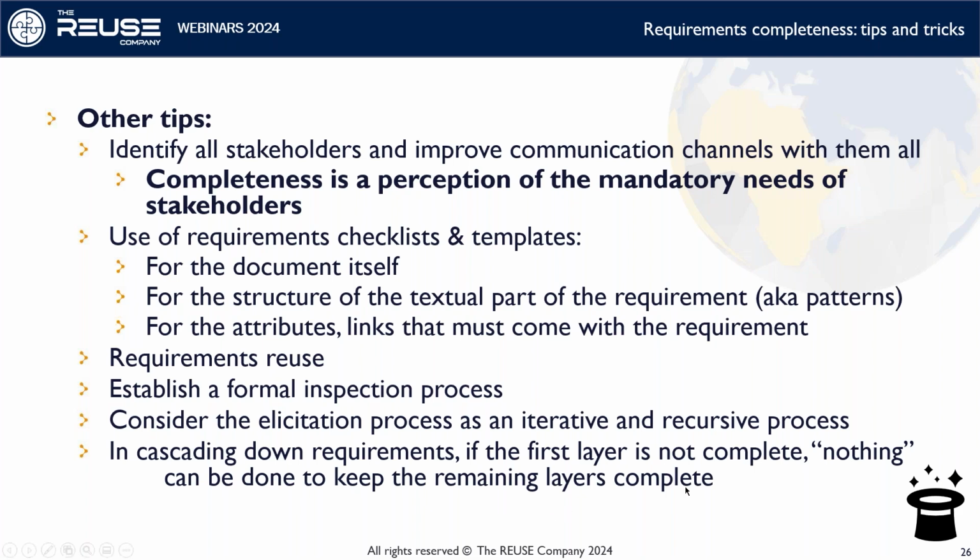That's basically what we're saying here. Using iterative and recursive processes, early validation, and feedback loops, we make sure that even though the first set is not complete, we have a feedback loop to say, okay, we probably have missed something, so we should go back and do a second round to make sure that we don't miss anything.